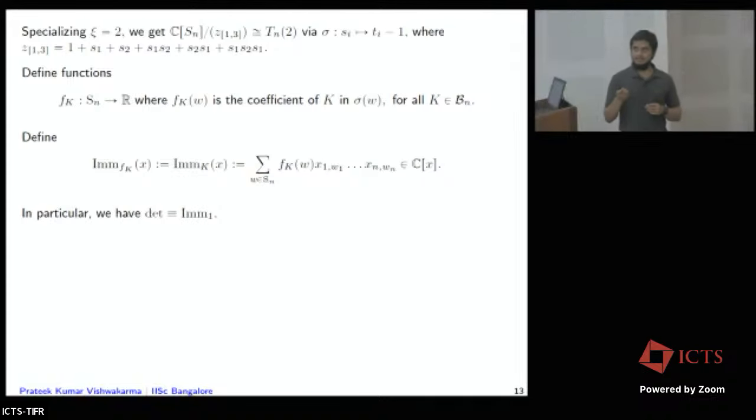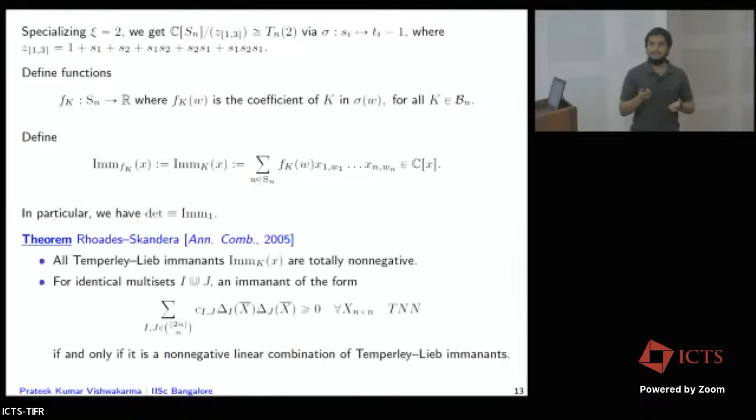So this is just some background about Temperley-Lieb immanants and the Temperley-Lieb algebra. The result that we are going to use, which is relevant to us, says that all Temperley-Lieb immanants are non-negative, which is that this function computed at totally non-negative matrices is always non-negative.